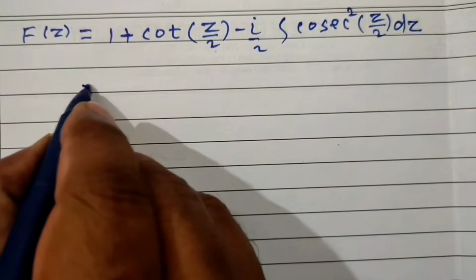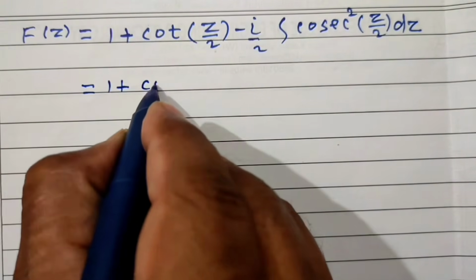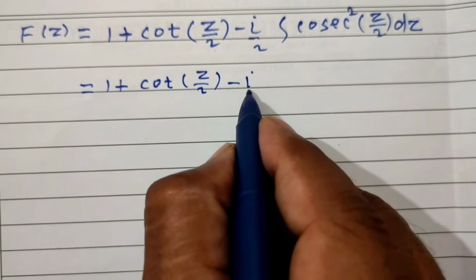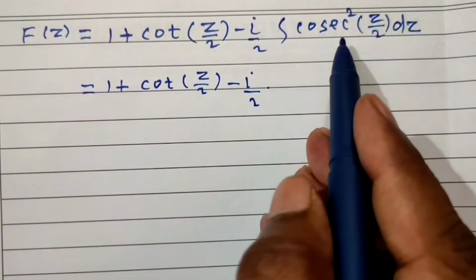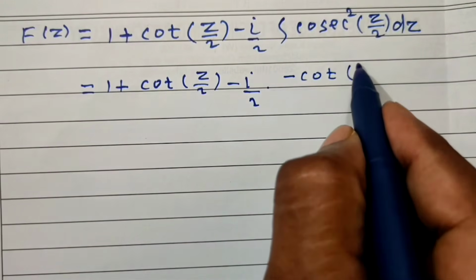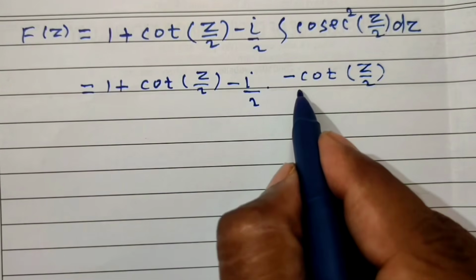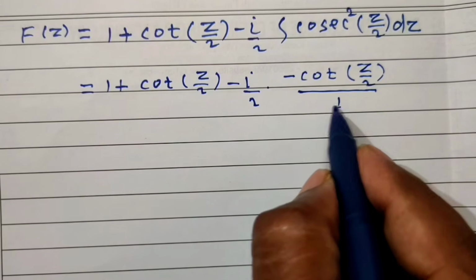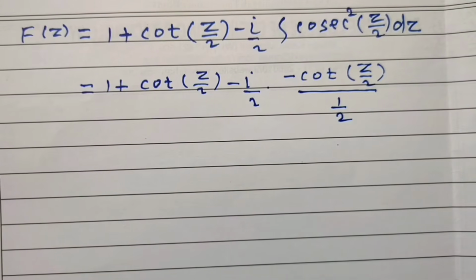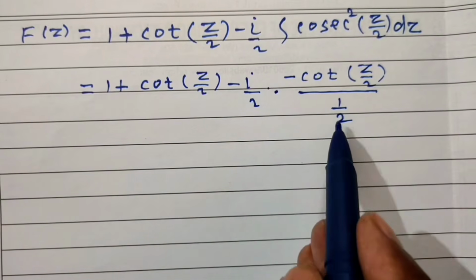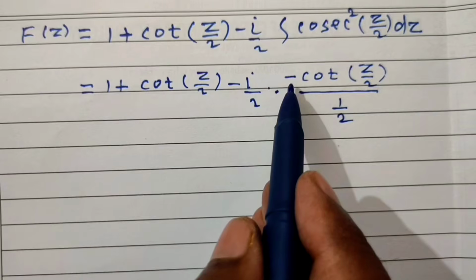This is equal to 1 plus cot z upon 2, minus i divided by 2, integral of cosec square z upon 2, which is minus cot z upon 2 divided by derivative of z upon 2 with respect to z, that is 1 upon 2. Now we have to simplify this. This 2 gets cancelled with this 2, and minus minus becomes plus.